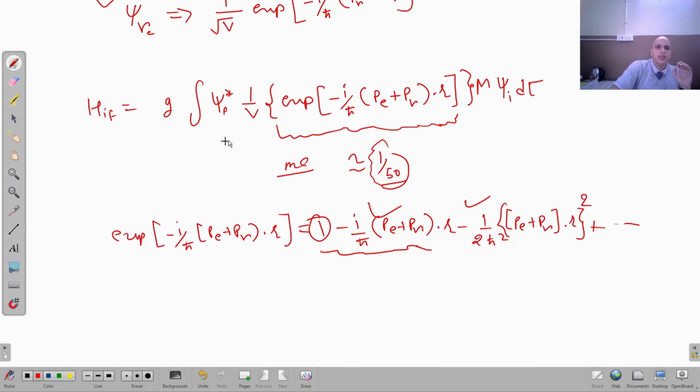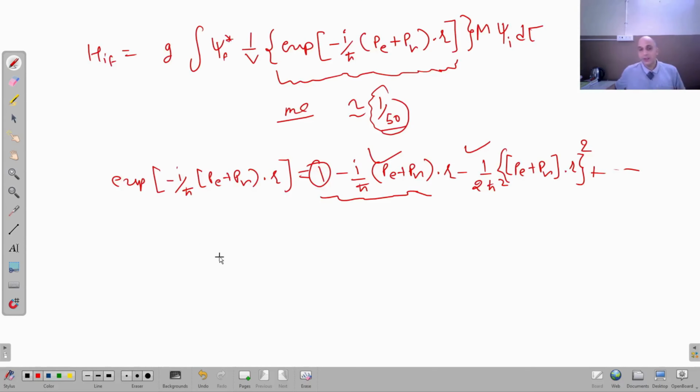So when I took this 1 and put it here, then after simplification, I will get HIF is equal to Z upon V integration psi final star into M psi initial into d tau. So I can write it as Z upon V into MIF. This is the expression that I got.